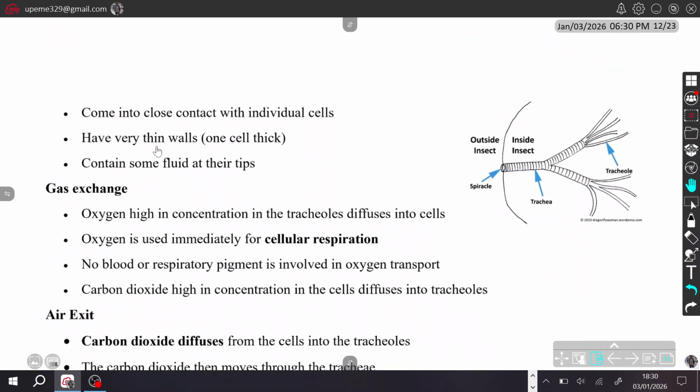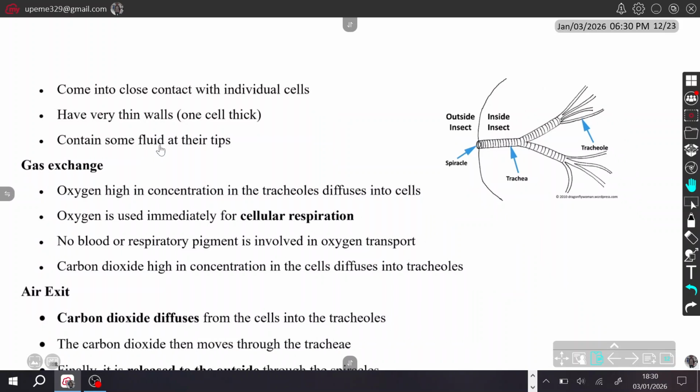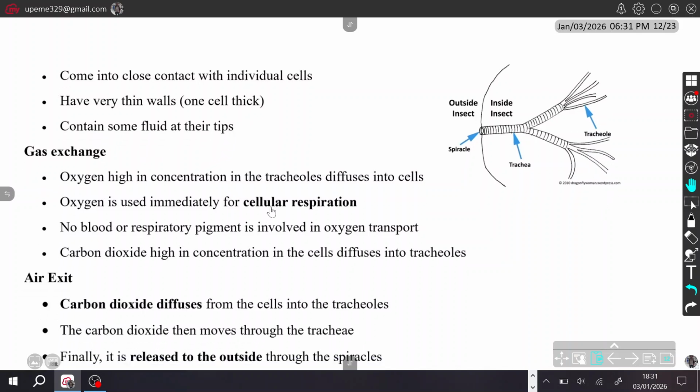As they extend to all parts of the body, what happens? They come into close contact with the individual cells. So they will start meeting cells there. They have very thin walls, 1 cell thick, and contain some fluid at their tips. So at their end, they will contain some fluid.